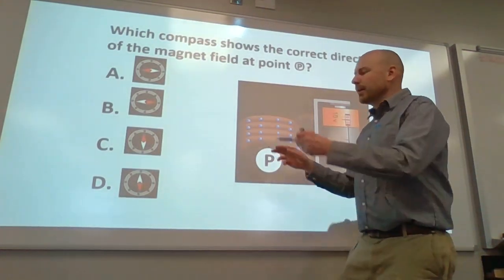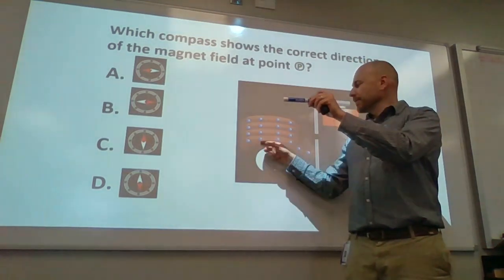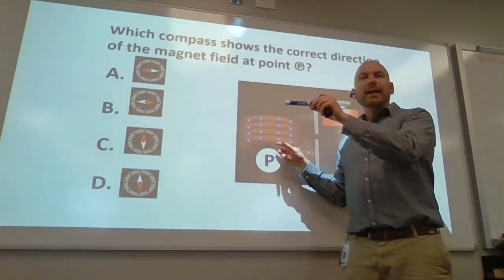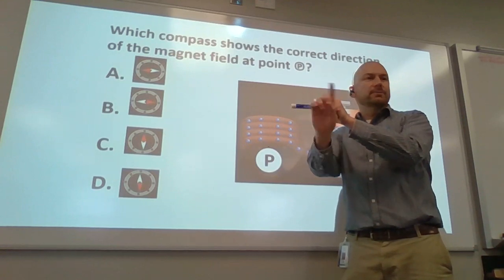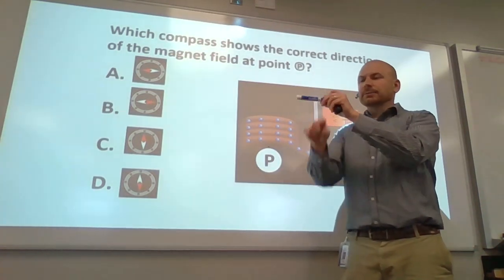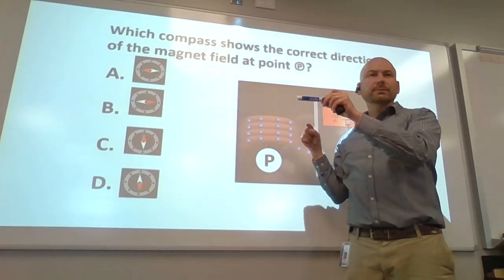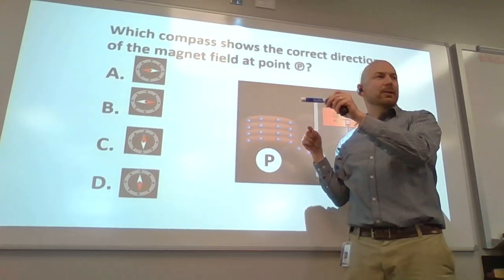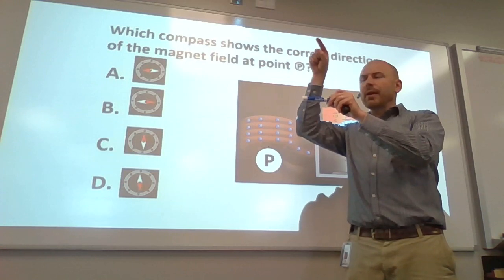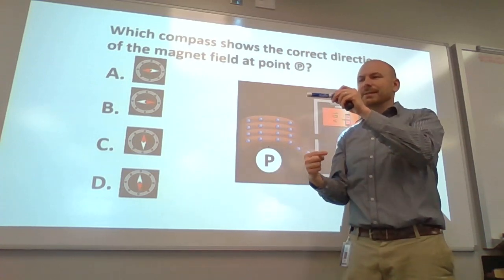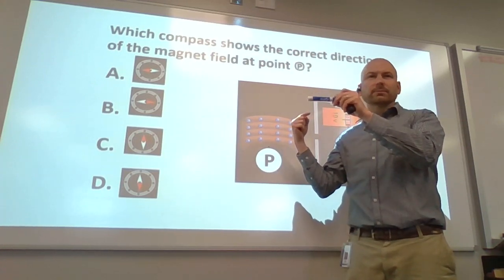This represents this part of the wire. Inside the coil is going to be out here, A, B, C, or D? Where is inside the loop?